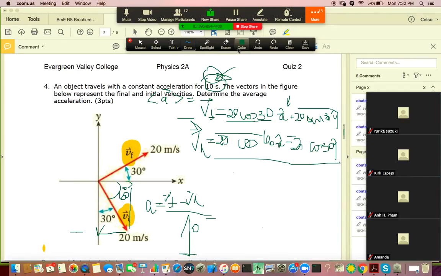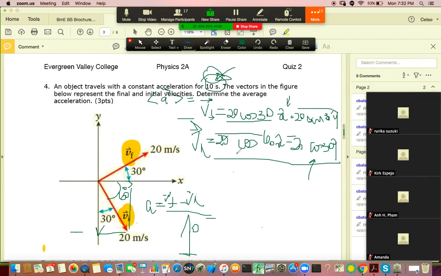I was wondering, did you say that instead of the negative 20 cos 30 from cos 60 and the V initial, we can use sine 60 as well? Yeah, you could. You could write sine of 60, like I wrote cosine of 60.